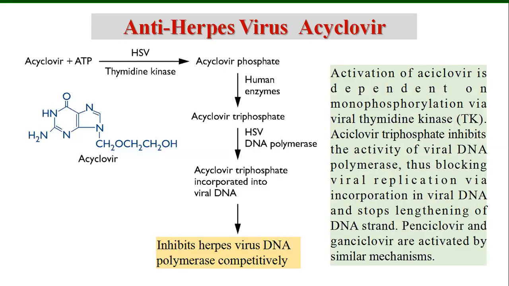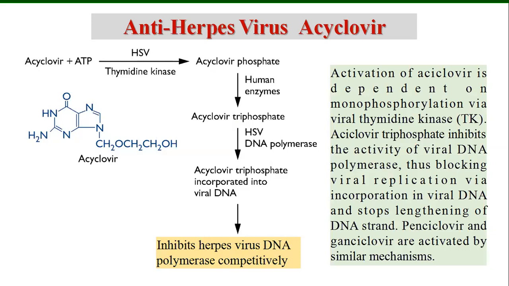Through this schematic picture, you can get the idea that after the entry of the compound acyclovir, it utilizes 1 mole of ATP, and with the association of HSV thymidine kinase or VZV thymidine kinase, converts into the respective monophosphate.